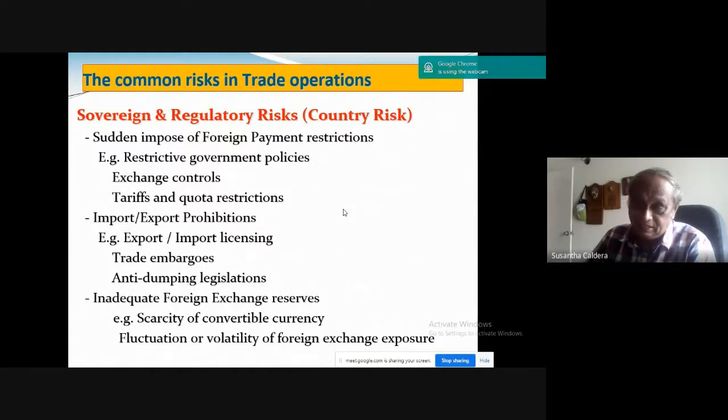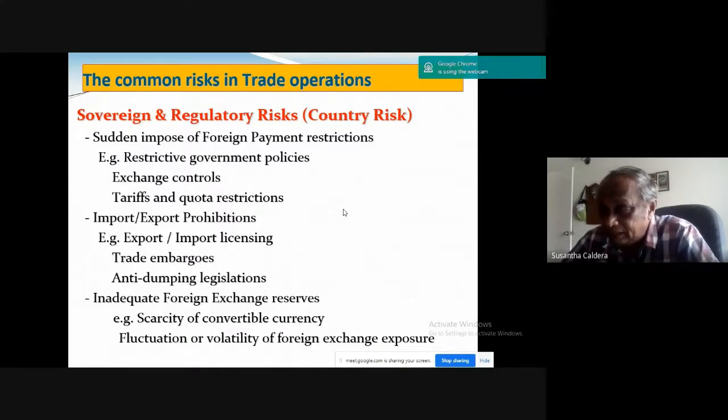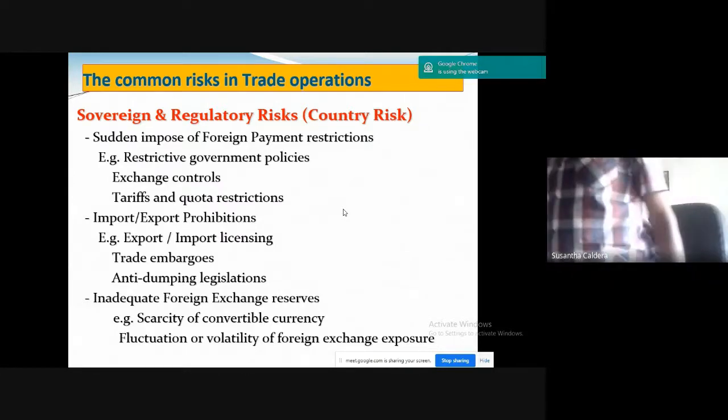Iran, by, again, the US and UN. Right? There are trade embargoes like that, prohibitions. They won't allow other countries to do trading with Iran, one of the biggest oil exporters.